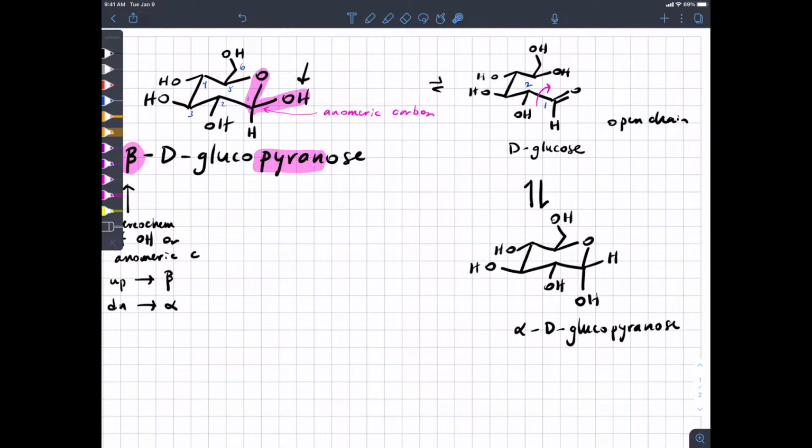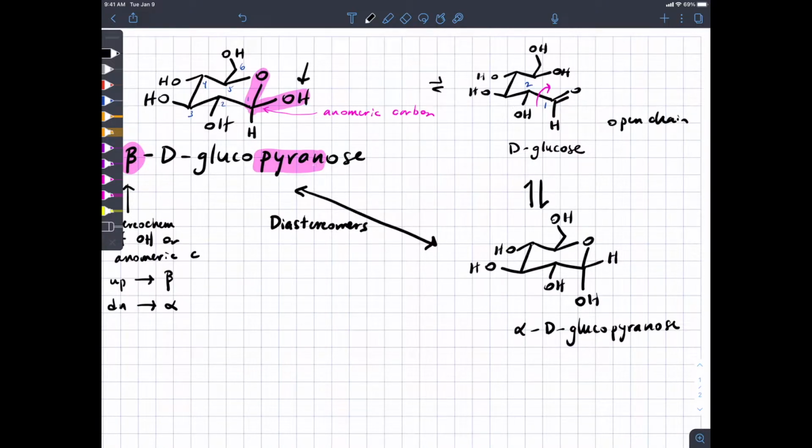So this is one of the few times in stereochemistry where it's possible to interchange stereoisomers simply by opening up a ring and then rotating around a bond. So these two stereoisomers are in equilibrium with each other. They differ at one stereocenter, so the relationship between these two is that they are diastereomers.